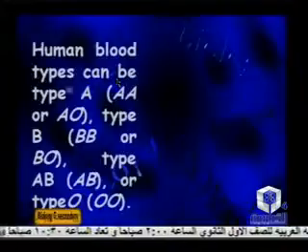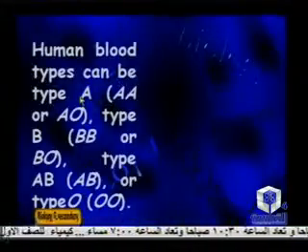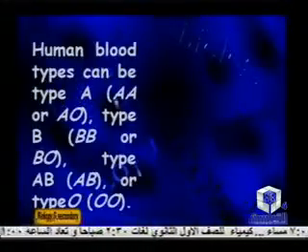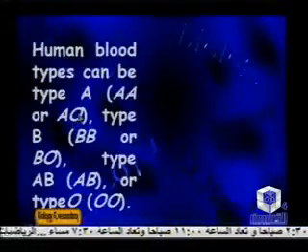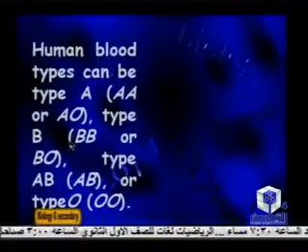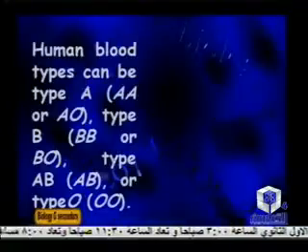Human blood type can be type A, and the genotype of type A is A capital A capital or A capital O. Blood type B is B capital B capital or BO.